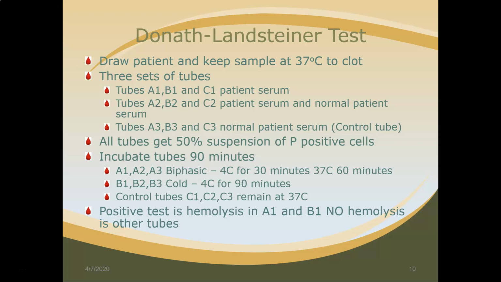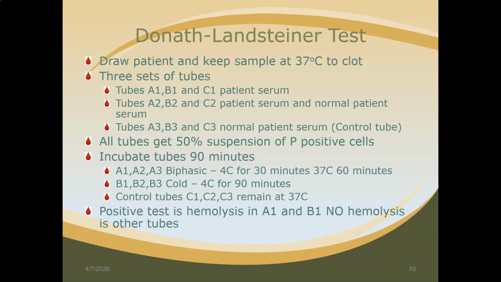Then the third set, the 3s, are all basically just control tubes, and we're just going to put the normal patient serum into those. And that's going to make sure that if we do get a reaction, that the reaction is actually due to what we're looking for and not some other thing that's going on.